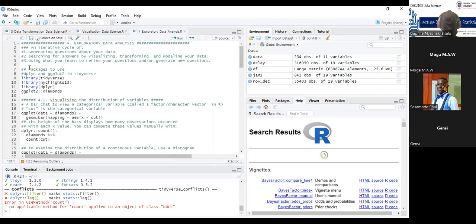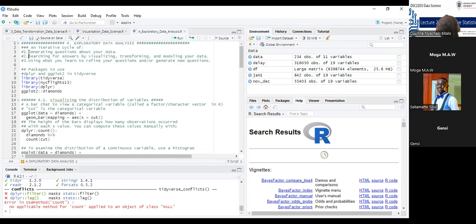So like I was saying, we go through the transform modeling cycle. The first thing we want to do is generate the questions, and we go with the original standard questions. And then we search for the answers by visualizing.